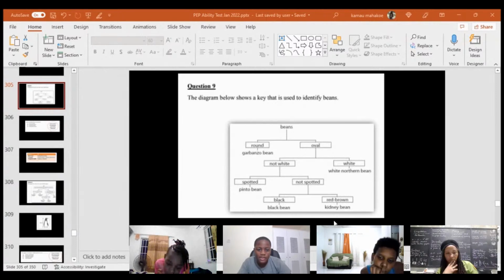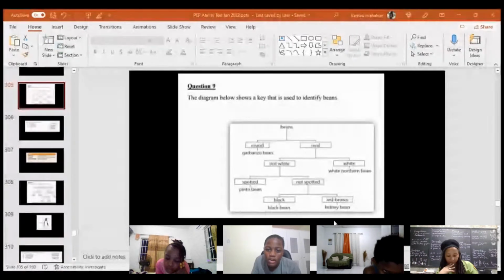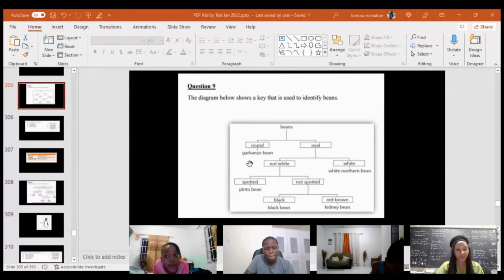Beans, round, oval, garbanzo bean, not white, northern bean, spotted, not spotted, pinto bean, black, red brown, black bean, kidney bean. Again. Beans. Round, oval. Garbanzo bean. Not white. Oh, sorry. Let me read the options.